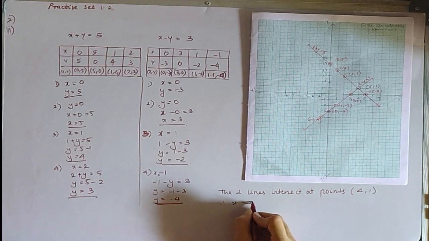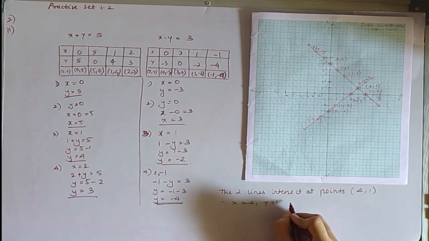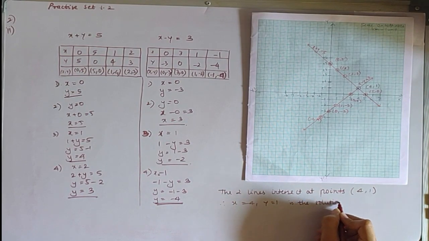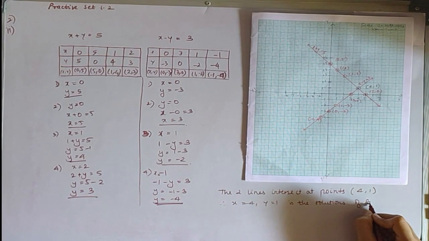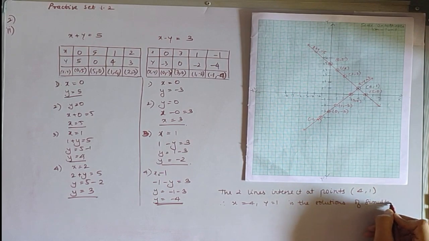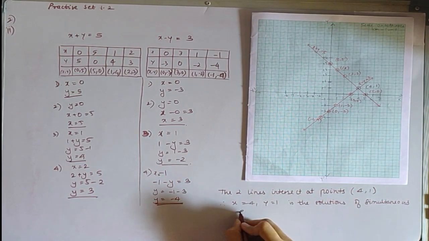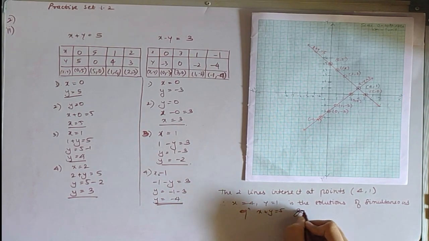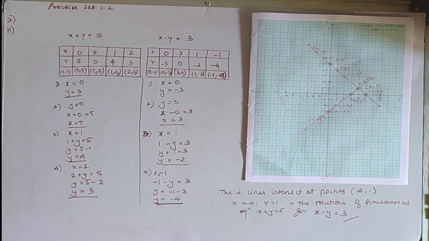Therefore, x is equal to 4, y is equal to 1 is the solution of the simultaneous equations x plus y is equal to 5 and x minus y is equal to 3. That's it.